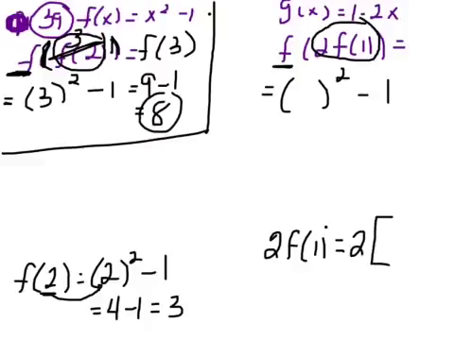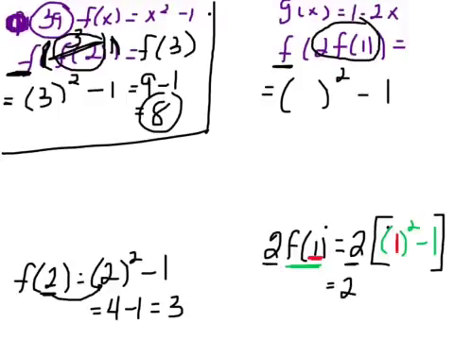So let me do this. What is the f function? The f function was, so here's the 2, putting it here. Now I'm going, okay, here's the f of 1. What's the f function? It's x squared minus 1. But inside of that, I'm supposed to plug in 1 in that function. Okay.